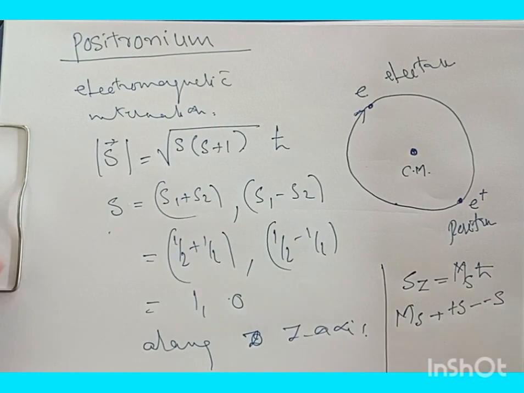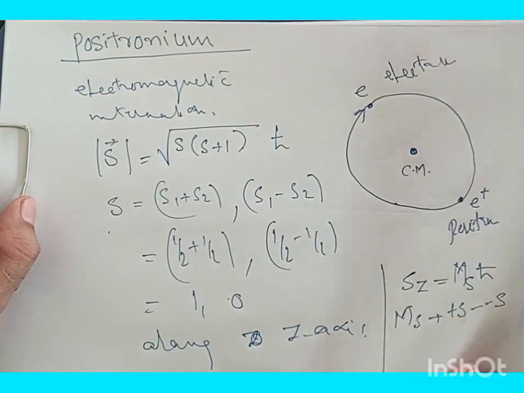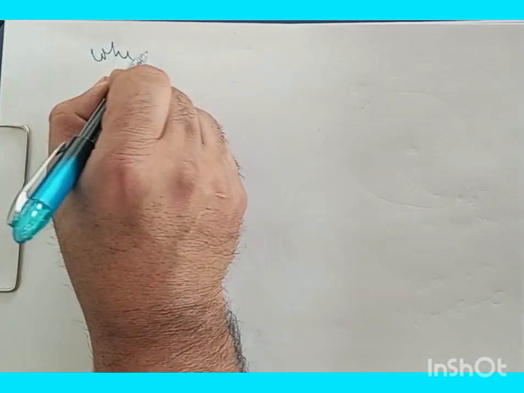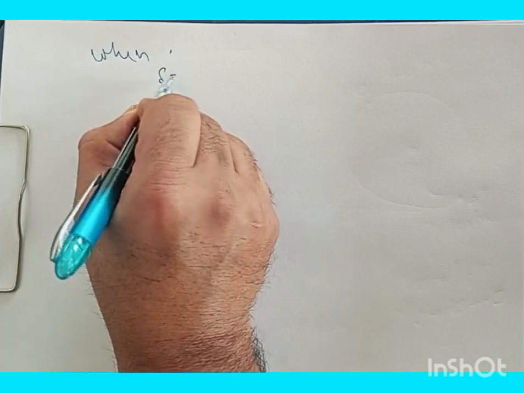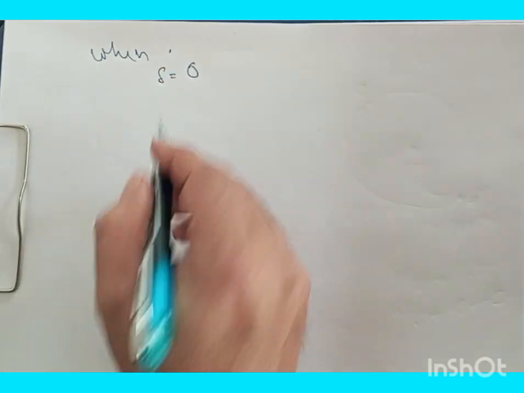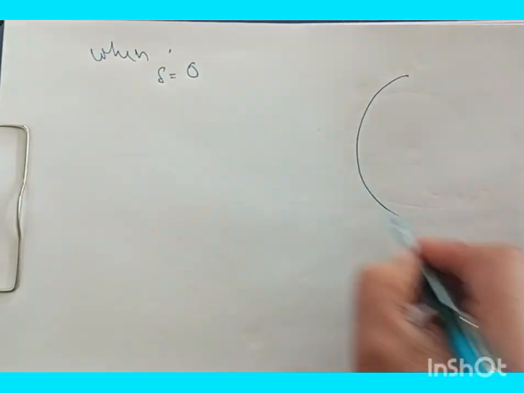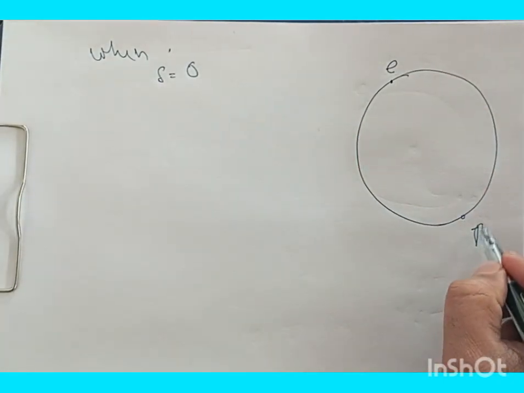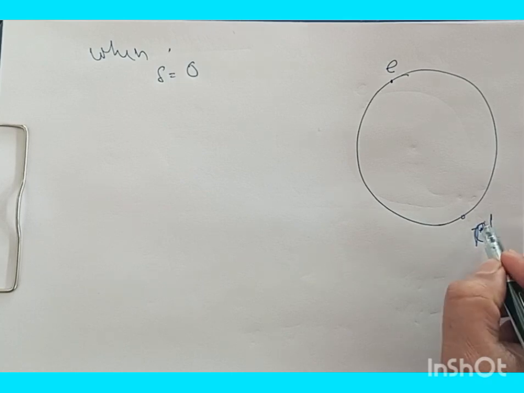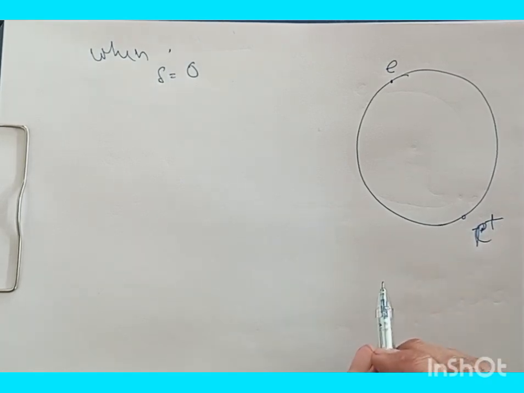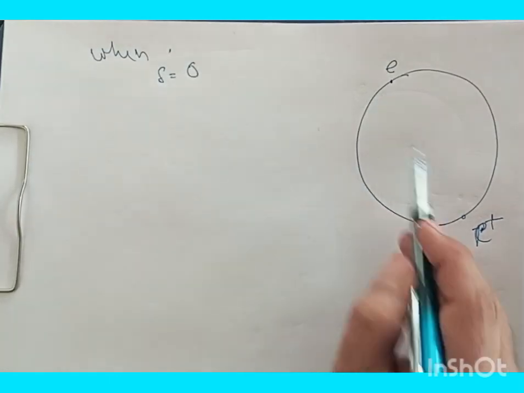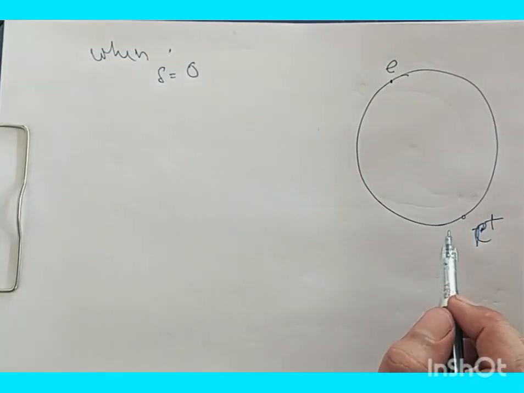Let's take the case when this s is equal to 0. What does that mean for this system of electron and positron, which we call positronium? When S is equal to 0, the spins of the electron and the positron are antiparallel.